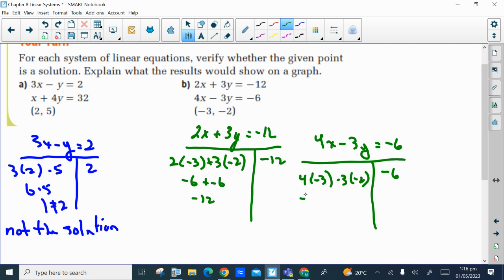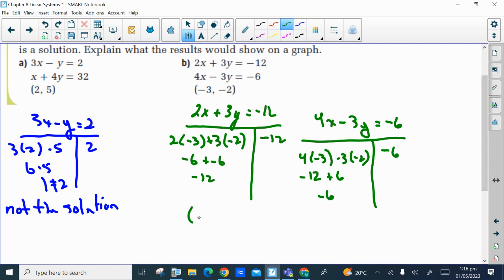Four times negative 3 is negative 12. Negative 3 times negative 2 is positive 6, and negative 12 plus 6 is negative 6. You get the same thing on both sides. So negative 3 comma 2 is the solution.